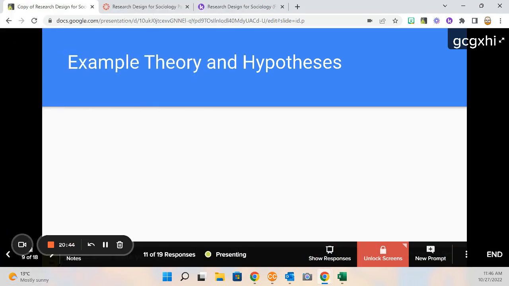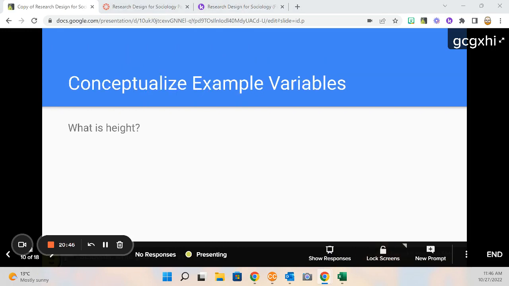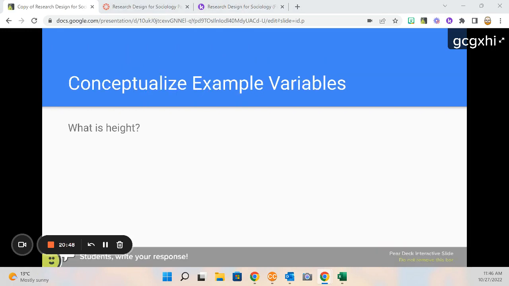Wish that would stop doing that. All right. Now, we also need to conceptualize our variables. What is height? Well, throw it in the pear deck.